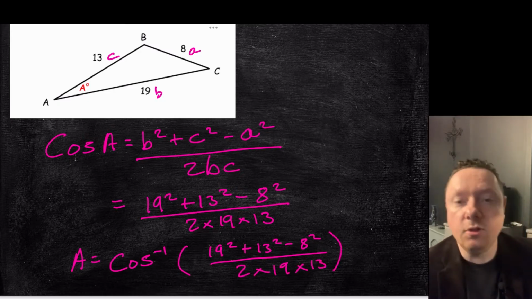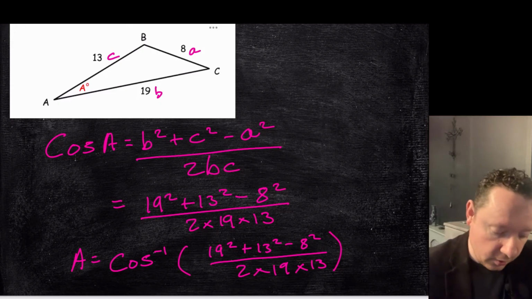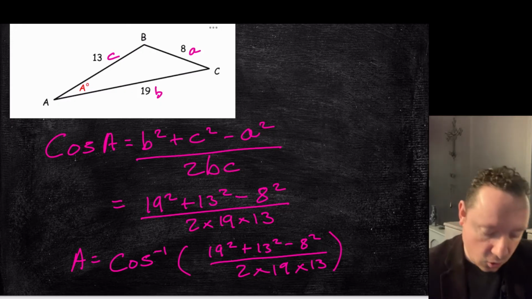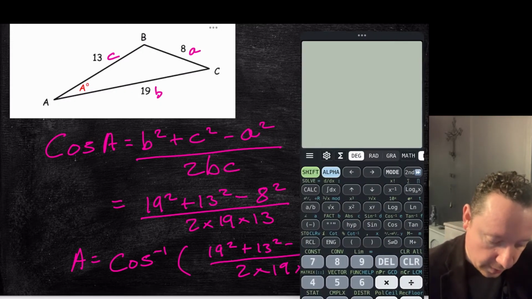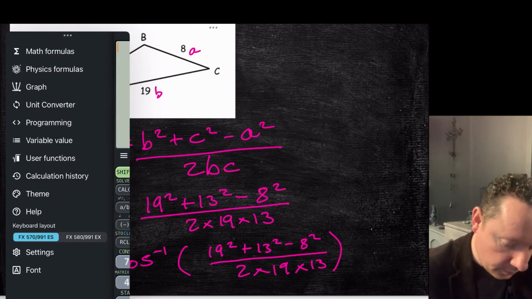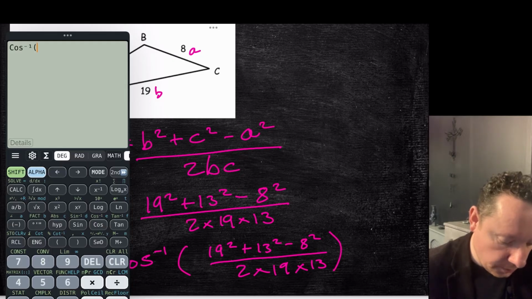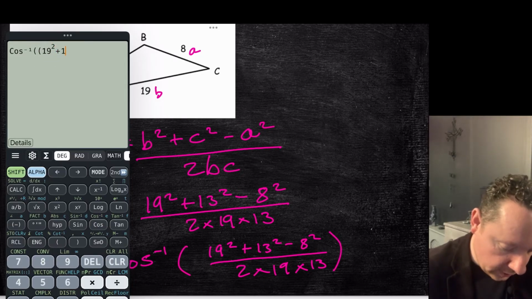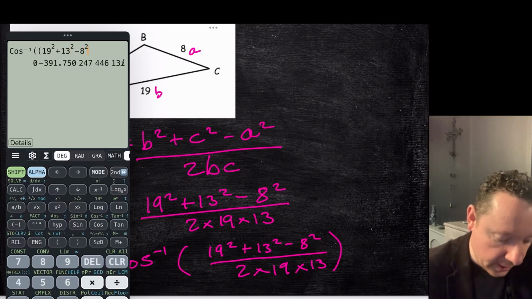So you can do that in one go in a calculator if you want, or just calculate the previous bit first and then do inverse cos. I'll do it in one go. So I get my calculator, shift cos, open bracket, 19 squared plus 13 squared minus 8 squared. So there's my top bit for the bracket.